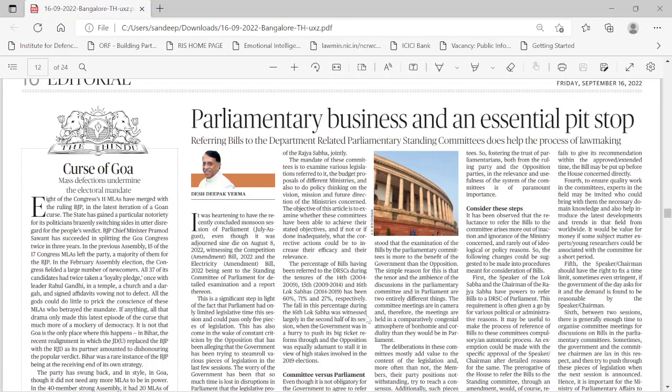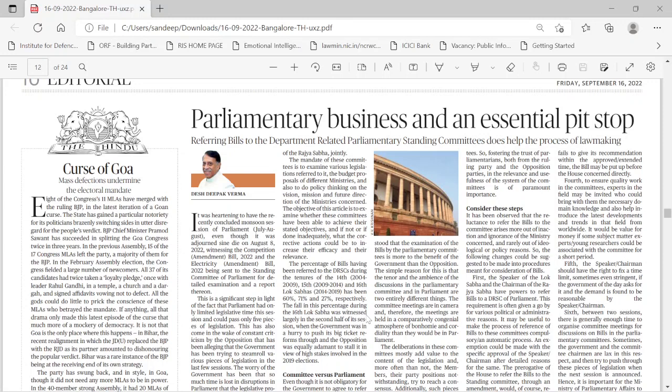Now, what is important for me here is that in this article, Desh Deepak Verma argues that within the parliament there are parliamentary committees.